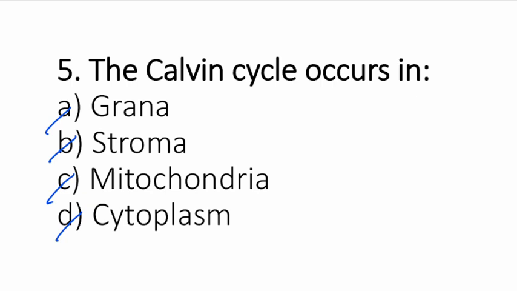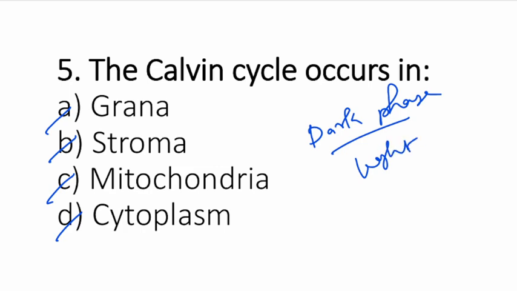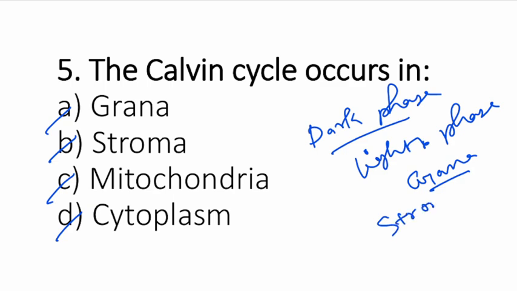The Calvin cycle is also known as the dark phase of photosynthesis, and as we know, the light phase of photosynthesis occurs in the grana, whereas the dark phase occurs in the stroma, that is the liquid portion of the chloroplast. So option B is correct. The stroma is the region where the Calvin cycle happens.